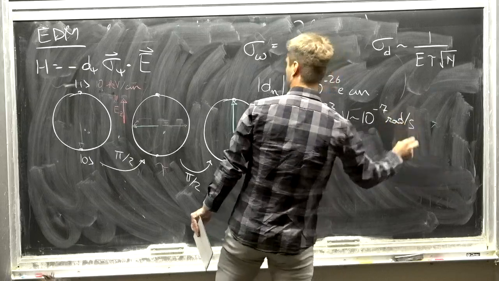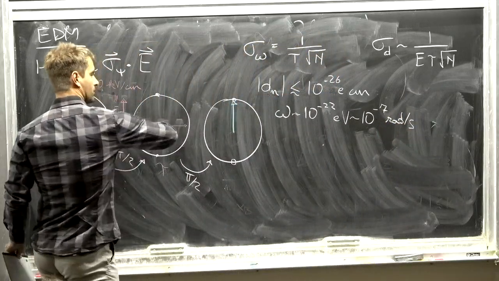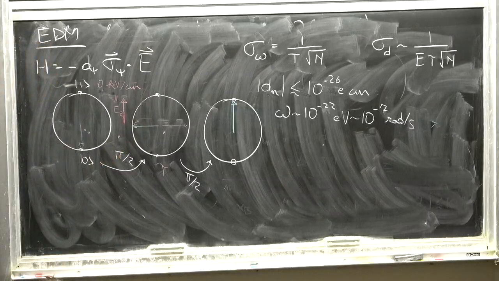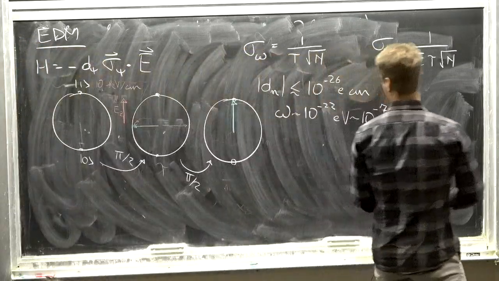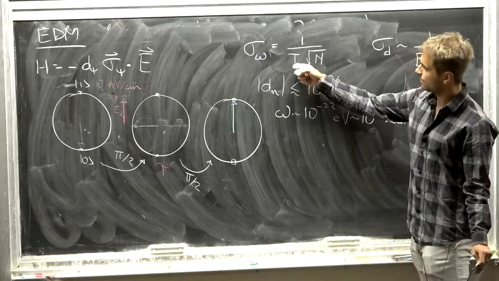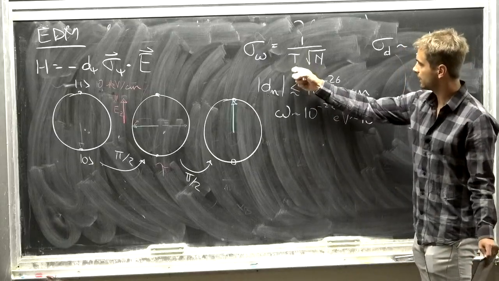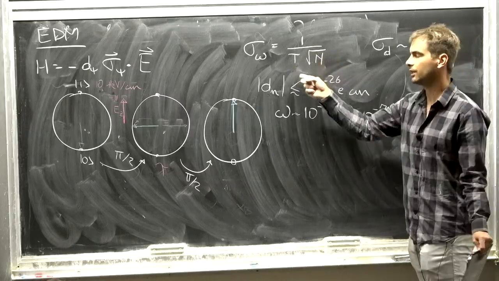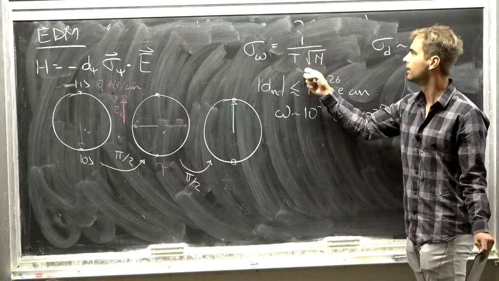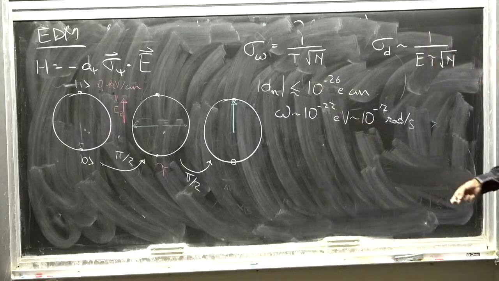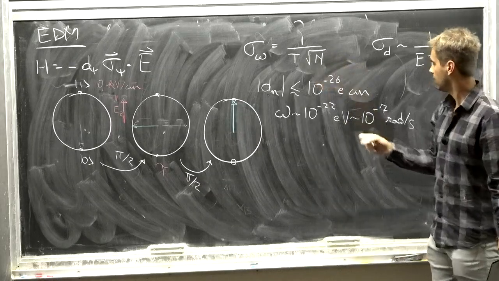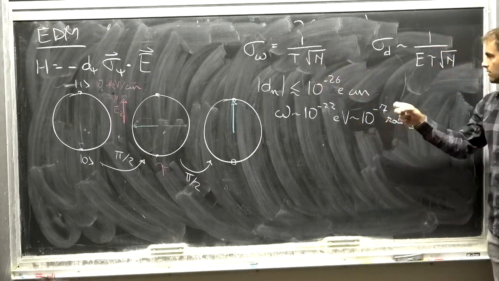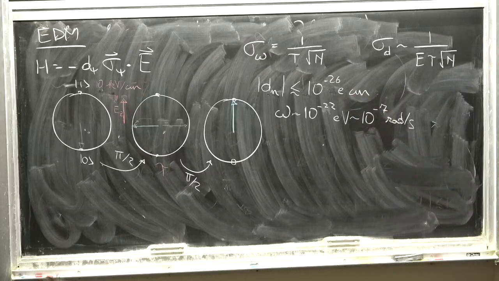So that's sort of the angular frequency of the precession in the largest electric field we can create. And so the free precession time of these neutrons is about 100 seconds, so that would be 10 to the minus 2. But then they've done this for roughly a billion or several billion neutrons over multiple years. So that gives you another 10 to the 5, and means they were able to achieve this 10 to the minus 26 e centimeter sensitivity.